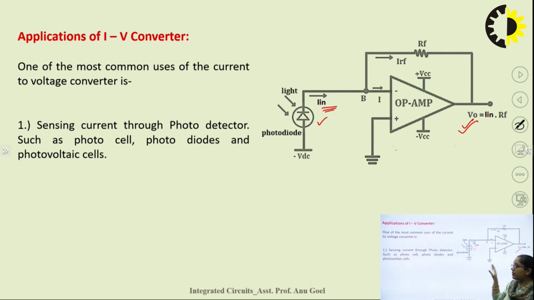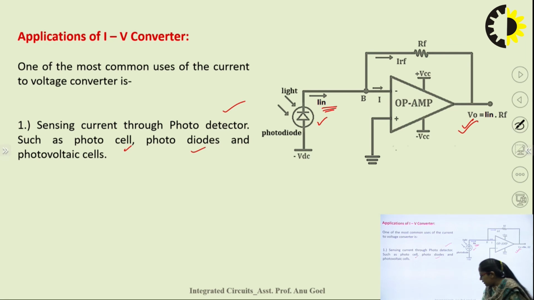This is a very important application of the I to V converter. With its help, we can sense current through photodetectors, photocells, photodiodes and photovoltaic cells, and convert that current into its equivalent amount of voltage, or even further amplify that voltage into a useful amount.